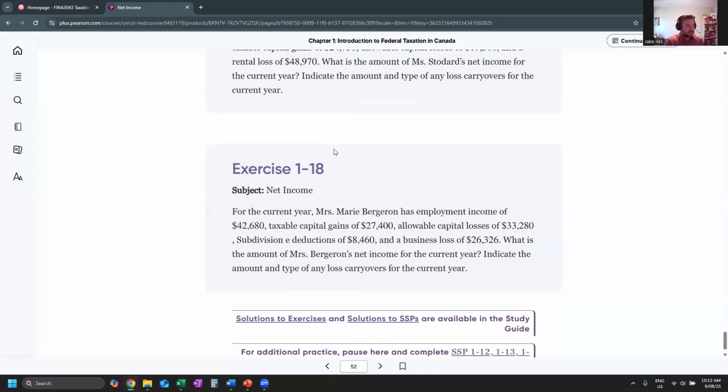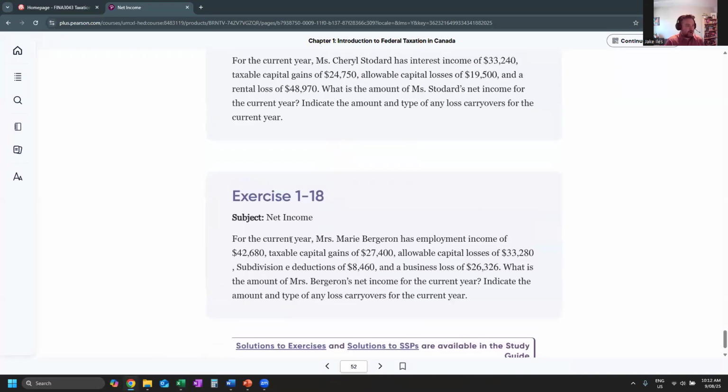Our last exercise, 118. For the current year, Mrs. Marie Bergeron has employment income of 42,680. So we have a positive. Taxable capital gains of 27,400. Allowable capital losses of 33,280. We can see our allowable capital losses of 33,000 is more than 27, so we're going to have an allowable capital loss, or a net capital loss, to be carried forward.